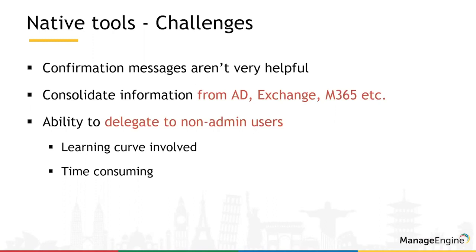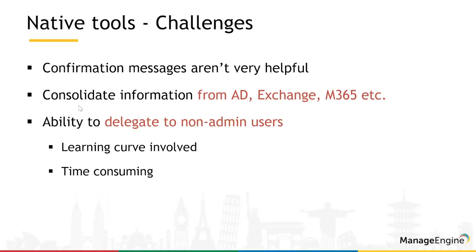The confirmation message that you get for the failure, especially for the cloud accounts, isn't very helpful. It tells you that the syntax is wrong, but it doesn't tell you what the right syntax is. It tells you that we have issues in line 13 of the script, but it doesn't tell you what exactly the error is and how to fix it. Of course, we'll have to seek external help in order to troubleshoot the process.